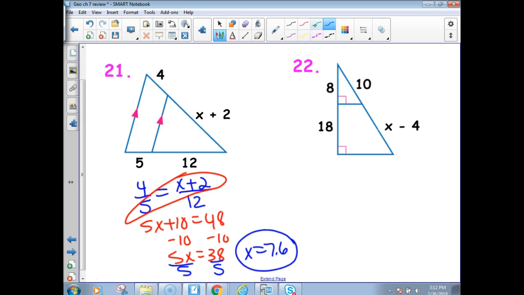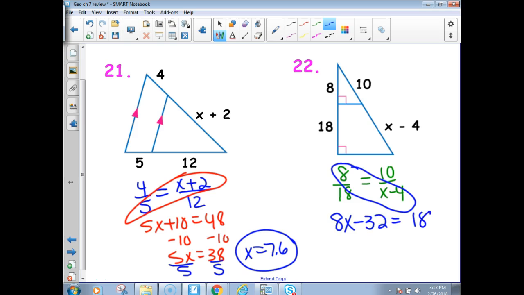Then same thing with the next one. You can do 8 is to 18 as 10 is to x minus 4. So you have to do your cross product property. 8x minus 32 equals 180. Add 32. 8 times x is 212.